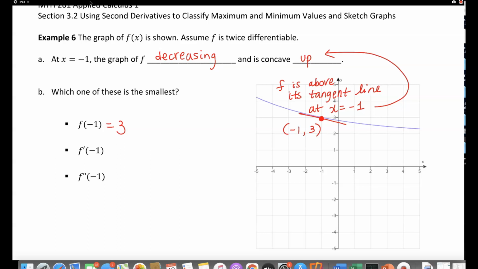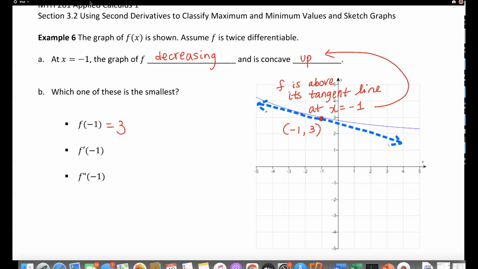What about f prime of -1? Well, they're talking about the slope of the tangent line. I did sketch it, but let me sketch it again. I'll draw a blue line over here. This is a tangent line.